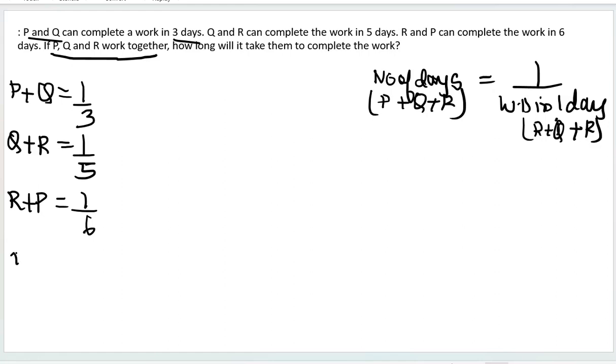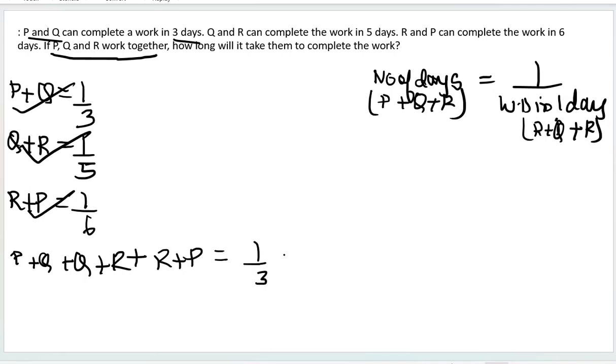So what I do is I do P plus Q. I add all the numbers. The left hand side I add Q plus R. I add this. Then I add R plus P. And then I get the answers 1 upon 3 plus the right hand side I add.